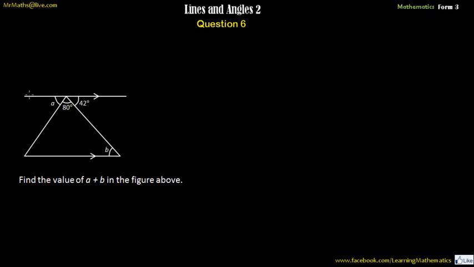Okay, we have 2 parallel lines, one at the top, one at the bottom. There are 3 angles given at the top over here. These 3 angles could confuse you a little bit. So let's try to take a look at what clue it gives here. These 2 parallel lines can give you some clue. Let me show you a letter C over here. Remember about this letter C? These 2 green angles there, what are they?